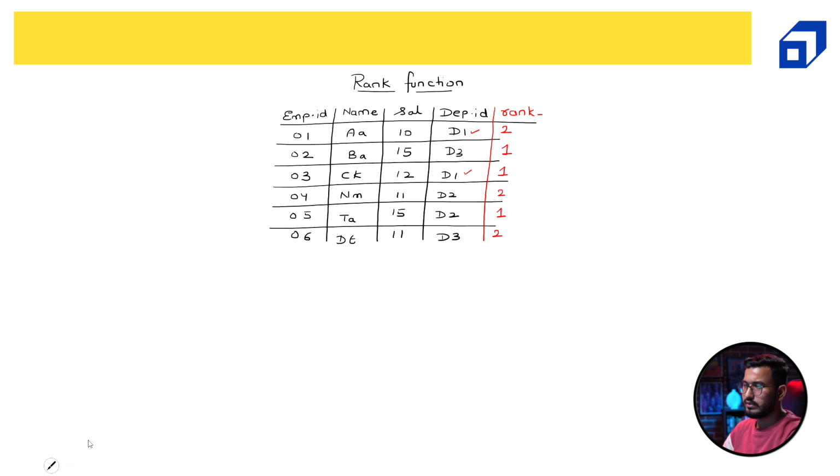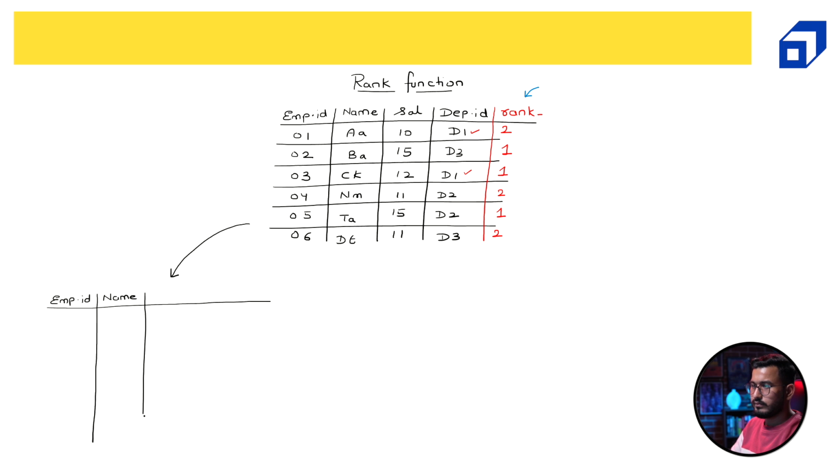Now how can we generate this column or field using window functions? Again, we will apply the window function as usual in the two steps that we have learned. First of all, we will apply the windowing operation. I have to again generate these columns: employee ID, name, salary, department ID.